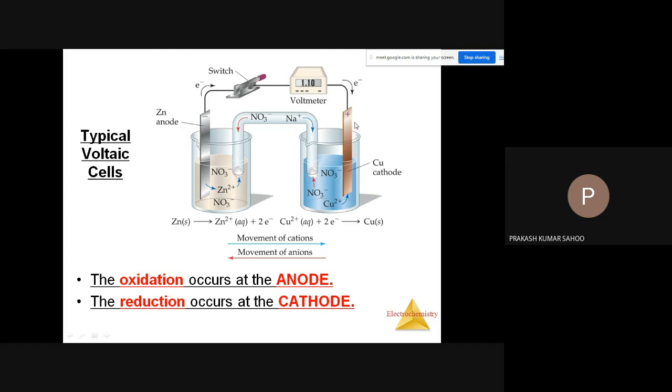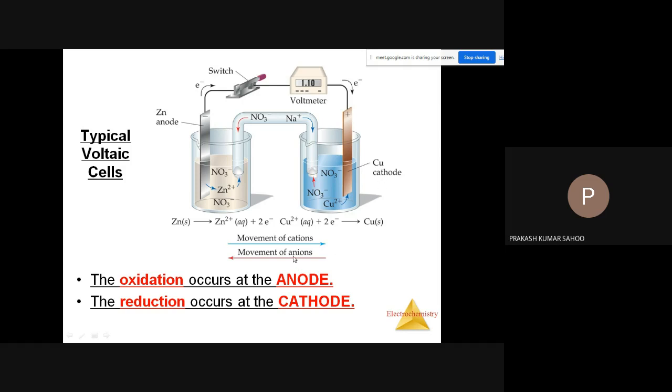Just remember, cations, that is Cu2 plus, are attracted by the cathode, and anions are attracted by the anode. That means this will be your notation, that is a zinc anode and copper cathode. In anode oxidation takes place, in cathode reduction takes place.